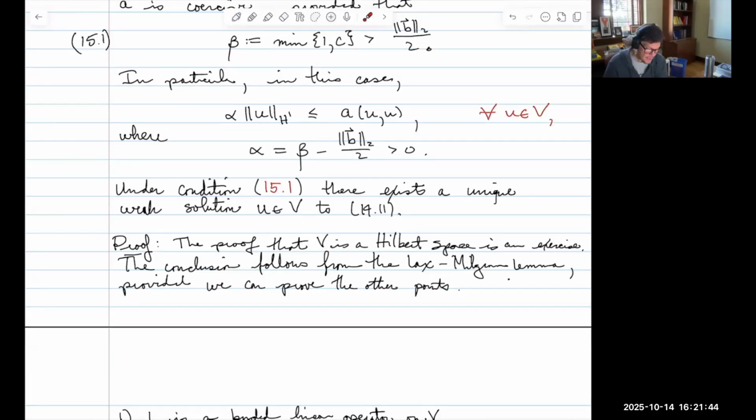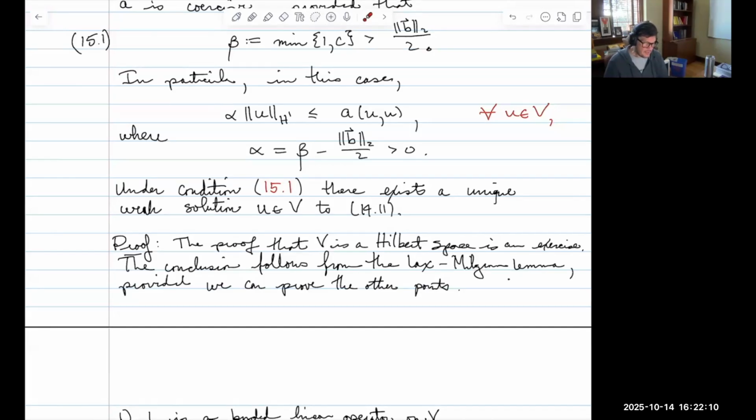Well, you show that if a sequence is convergent, then the limit point always has to remain in the subspace. That shows that V is topologically closed, and all topologically closed subspaces of Hilbert spaces must themselves be Hilbert spaces. So that's how that exercise would be carried out.